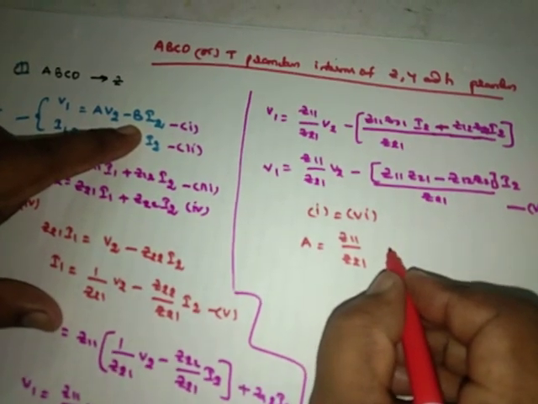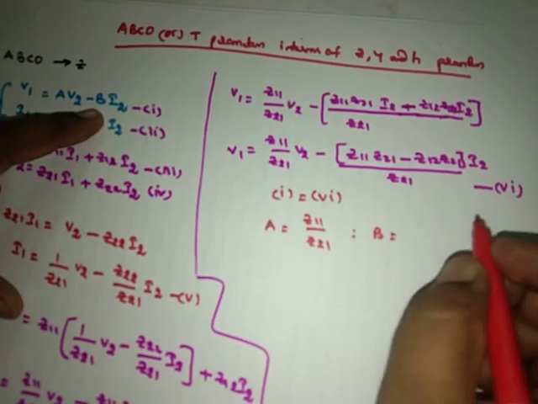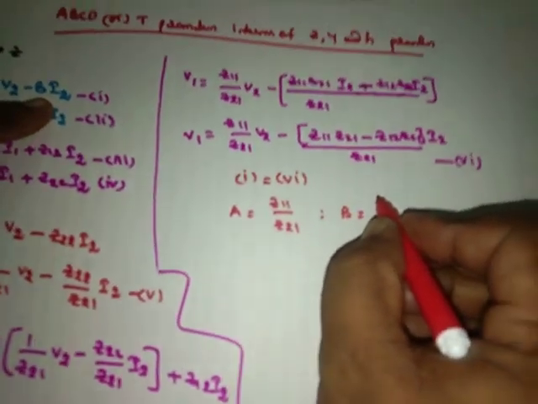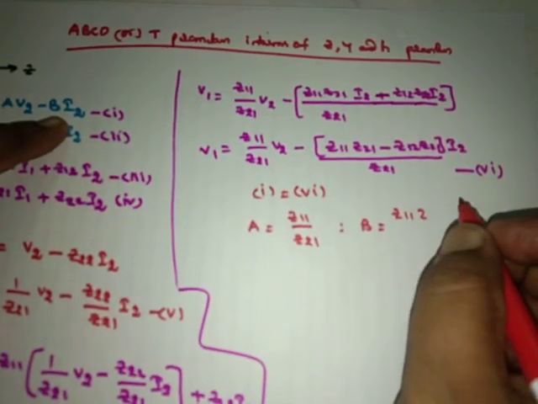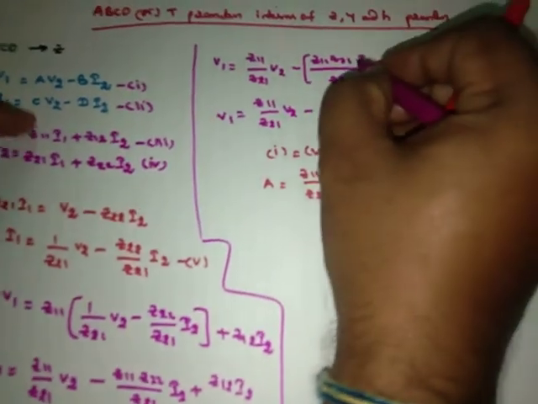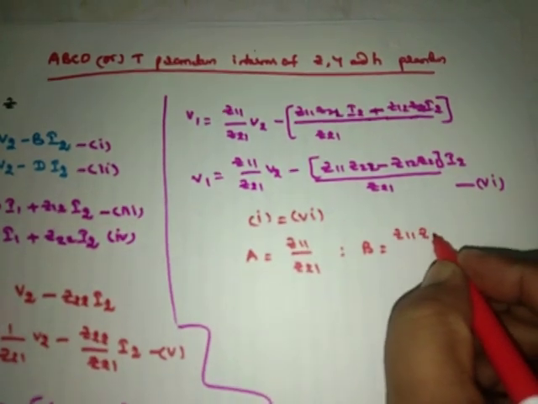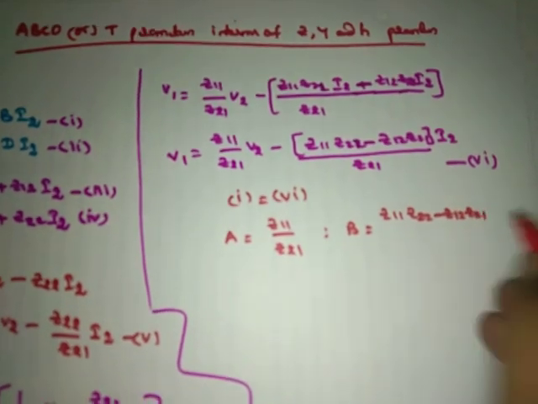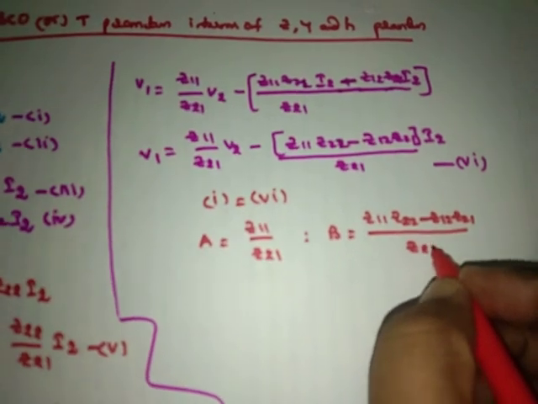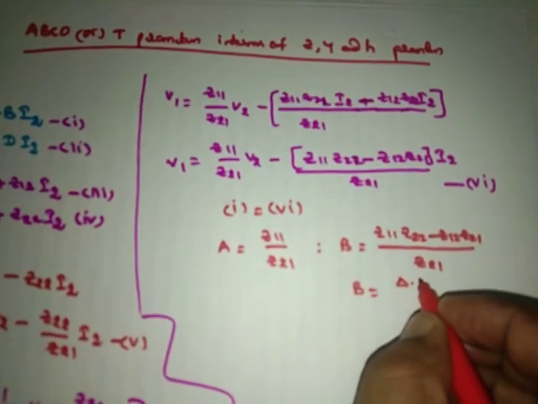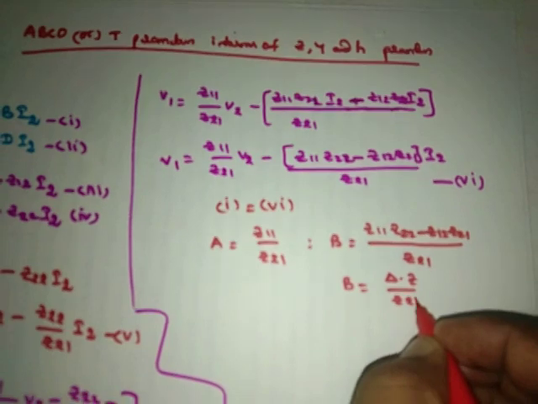Similarly B is equal to, actually this is minus I2, here you can check minus I2, so B is equal to Z11 Z22 minus Z12 Z21 by Z21, or B is equal to the determinant of the Z matrix by Z21.